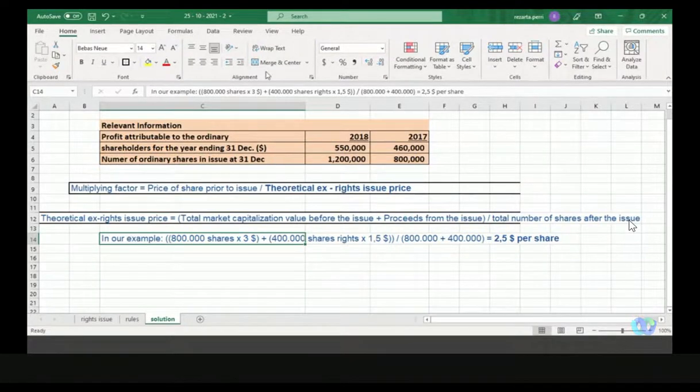Okay? Any questions so far? Are you tired? Following? Please, any question? So far, did you understand how to calculate the multiplying factor and the theoretical ex-rights issue price?